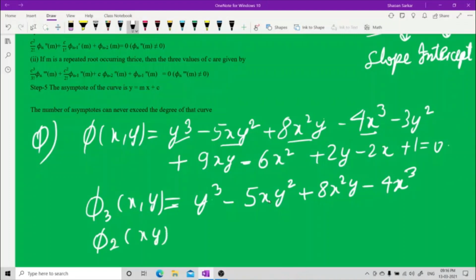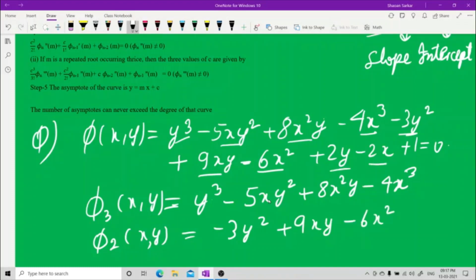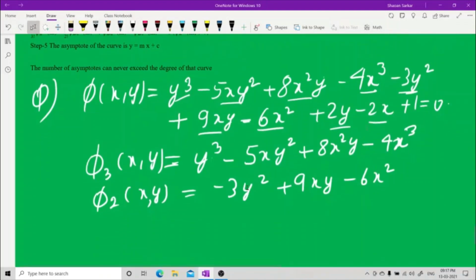Collect all the second power terms. That is minus 3y square plus 9xy minus 6x square. Then single power, phi 1 of x,y. That is 2y minus 2x plus 1. This is single power.